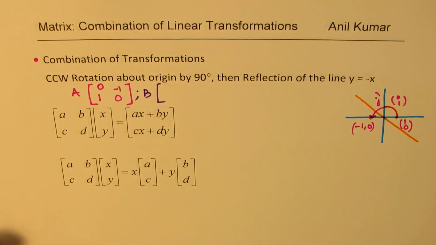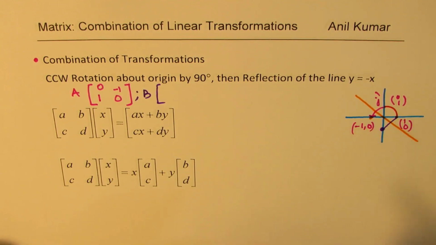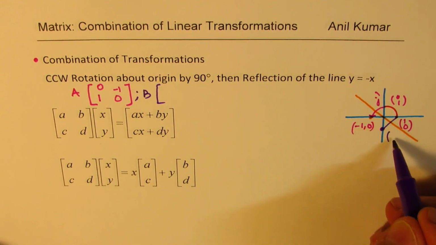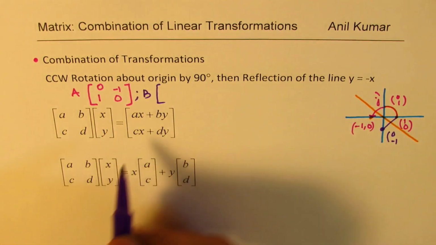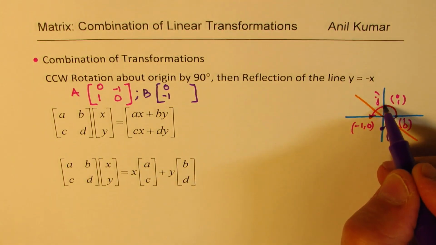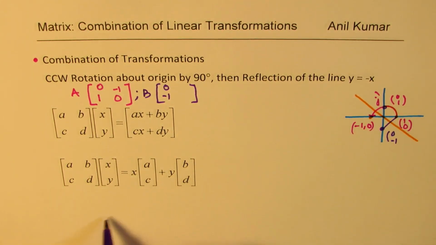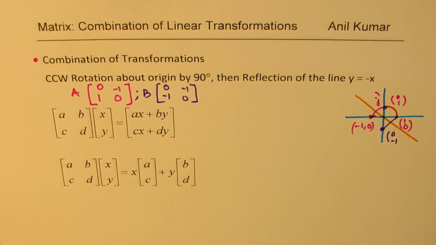As far as B is concerned, we reflected this here, right? So at this point, it was the x value 0, y value -1, and so it was 0 and -1. On the other hand, when we reflected this to this point, it was -1, 0. It came to the same point, right?